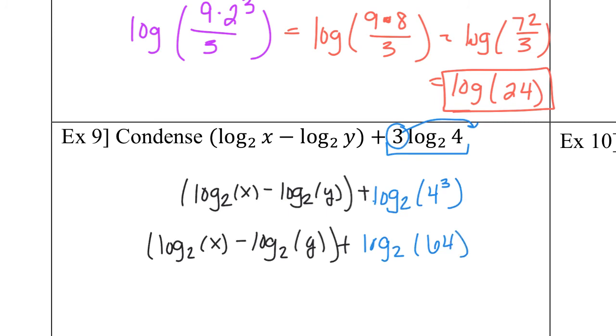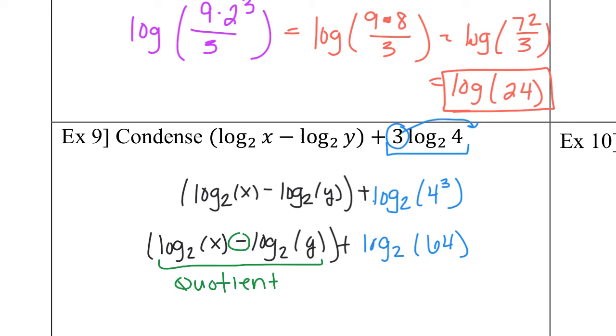Now, we do have parentheses, so we actually have to do whatever's inside the parentheses, no matter what. Because this minus is in the parentheses, this stuff has to go first, even if this parenthesis was over here at the end of my expression. Parentheses must come first. So I really have a subtraction, which means that this was the quotient rule.